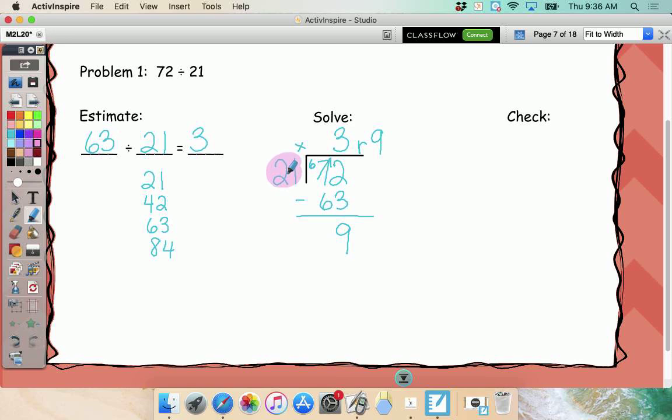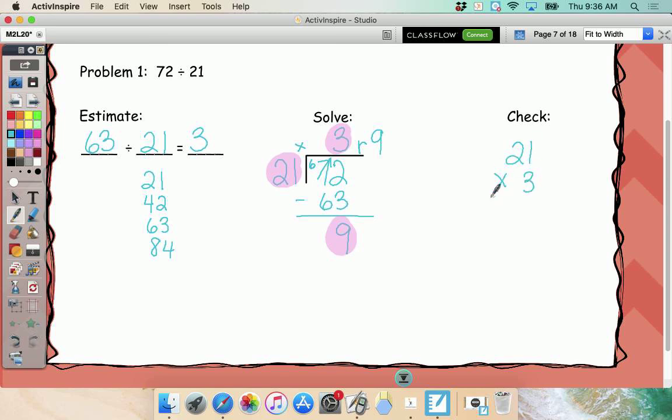What 3 numbers do I highlight, Ryder? 21, 3, and 9. Very good. But the bottom 9, okay? How about Tyler? Tyler, what does my multiplication problem need to be when I check this? Here's your multiplication sign. 21 times 3.